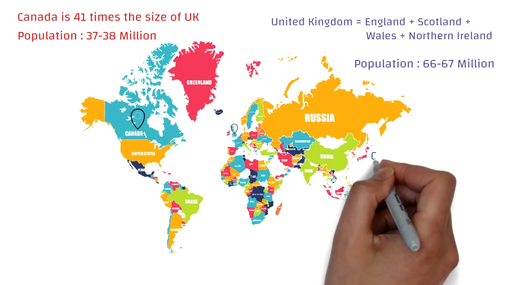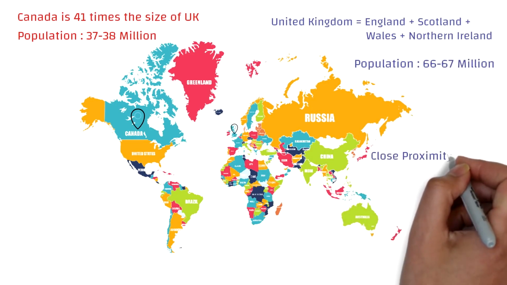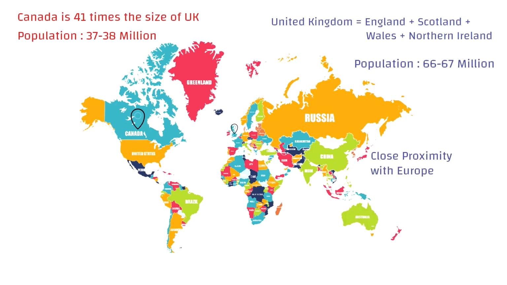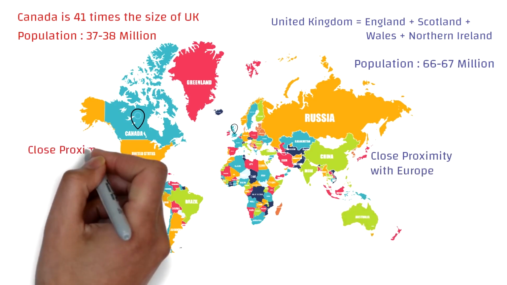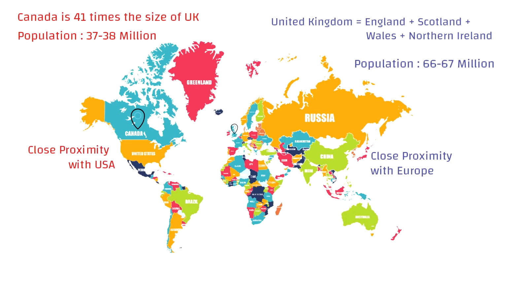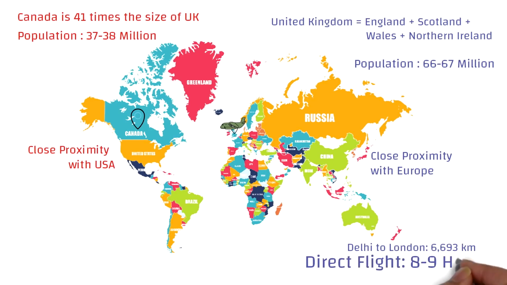Now if you're in UK, you have a benefit because of its proximity with Europe, while if you're in Canada, you have the benefit of its proximity with US. Now let's say that you're planning to immigrate from India to UK, let's say from Delhi to London. The distance is around 6,700 kilometers, which means the direct flight would take around 8 to 9 hours.